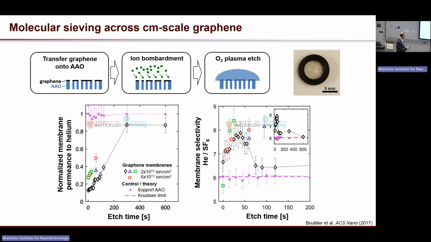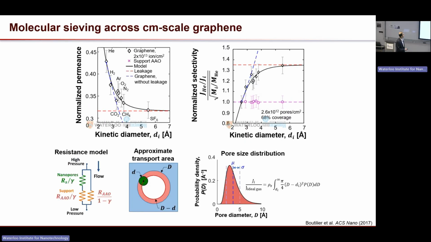So this principle works. Of course, the selectivity is not great in these membranes. But at the same time, we are able to explain this nicely using the kinetic diameter of the gas molecules. So all of these gas molecules fall nicely on this black curve, and here it's normalized by the mass of the gas. So you can see the selectivity depending on the diameter of the gas molecules.